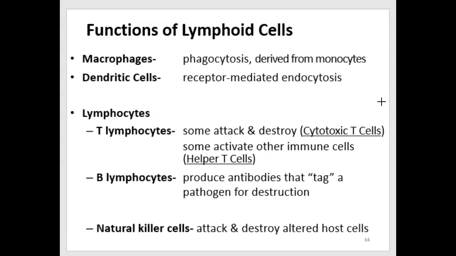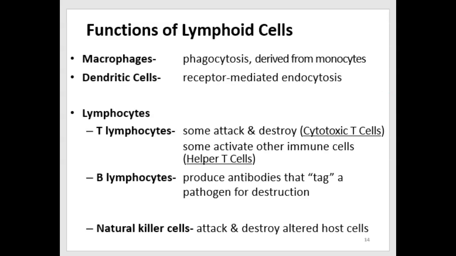They differentiate. They mature in another way. Like monocytes, macrophages, you could think of them as daughter cells of monocytes, perform phagocytosis. And that process, phagocytosis, is also known as cell eating. Maybe you've heard of that, cell eating.